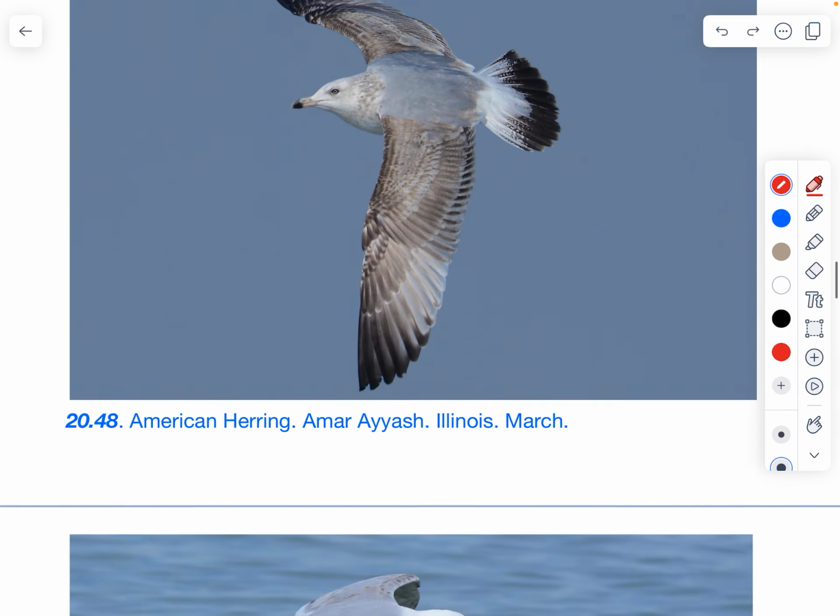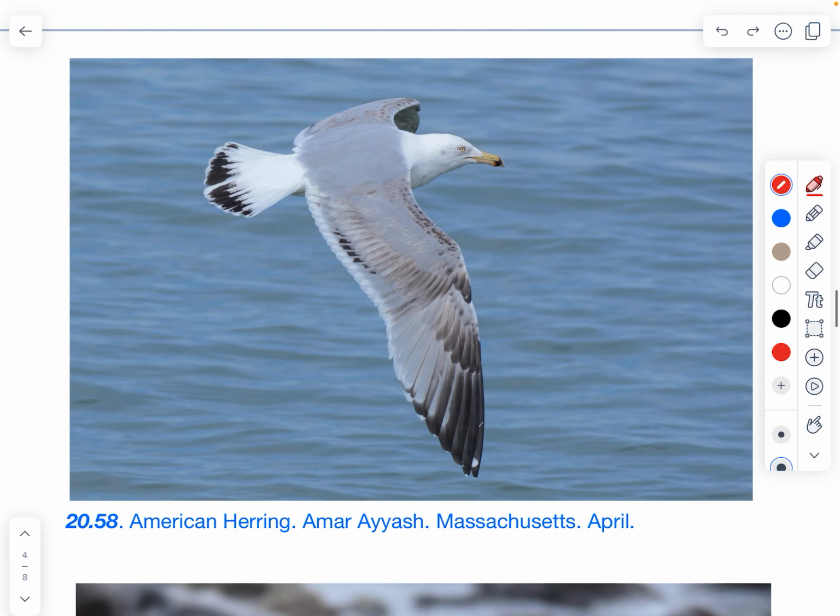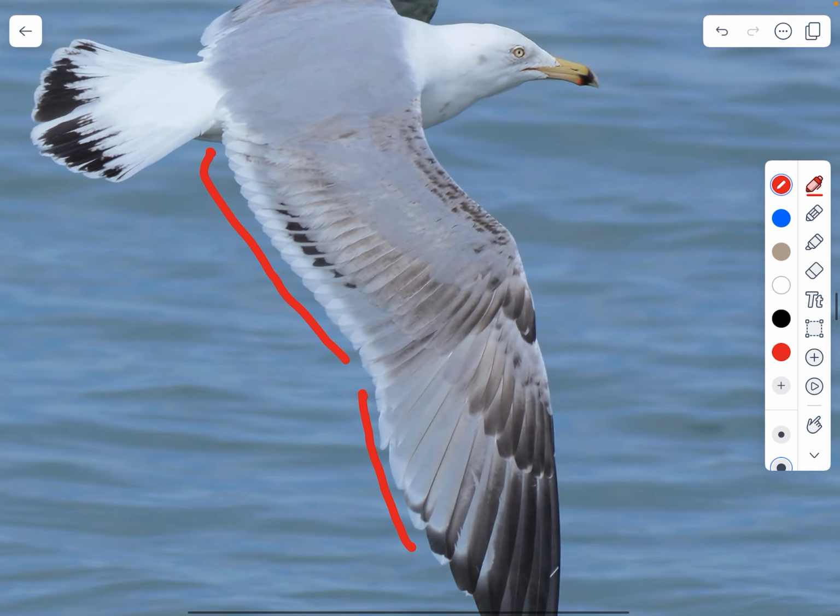And so with third generation, third cycle flight feathers, there should be broad white tips, and this often continues on to the inner primaries. And not only that, the centers to these primaries are gray, adult-like, and the centers to these secondaries are gray and adult-like.